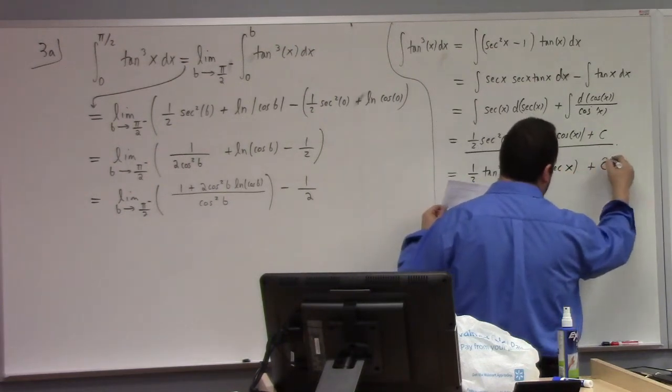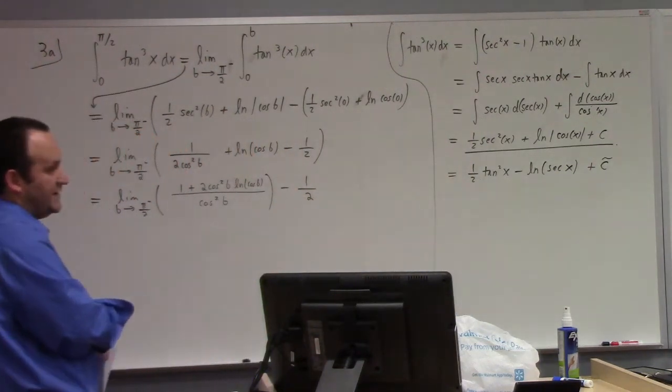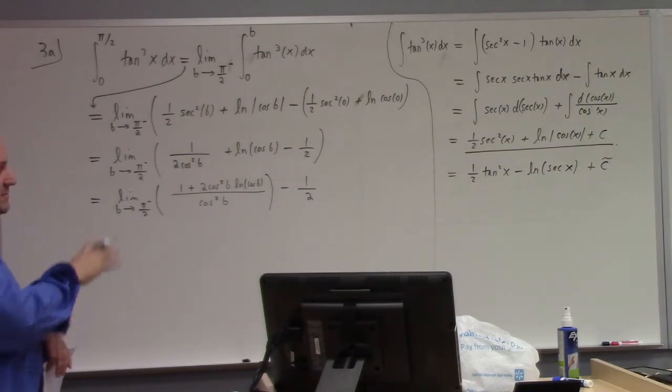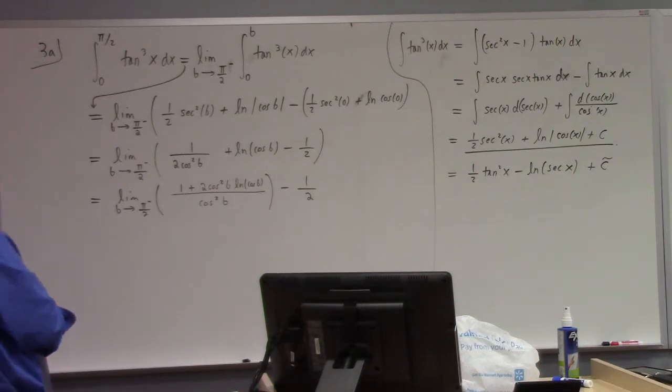It'd be a different constant, of course, but secant squared is equal to tangent squared plus 1, right? So you can absorb the plus 1 into the c and rewrite it that way, and the minus the natural log of secant, it's the same antiderivative up to a constant.